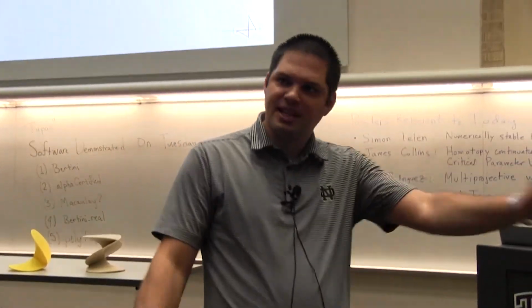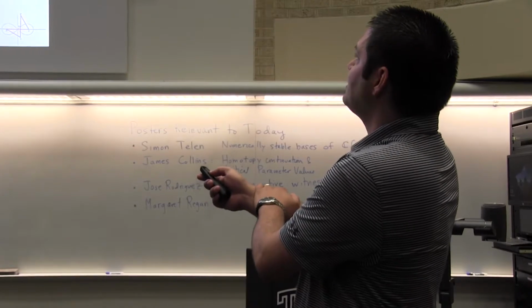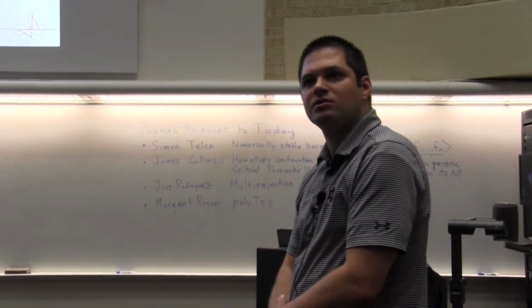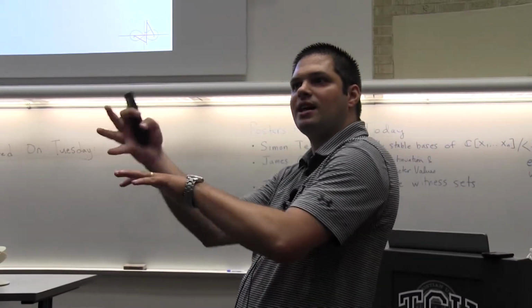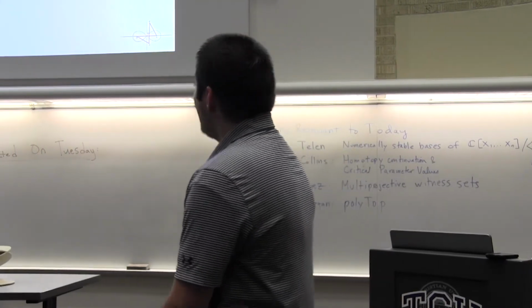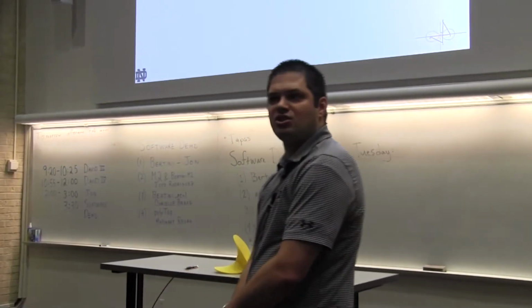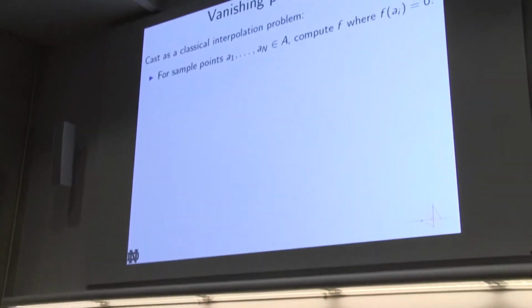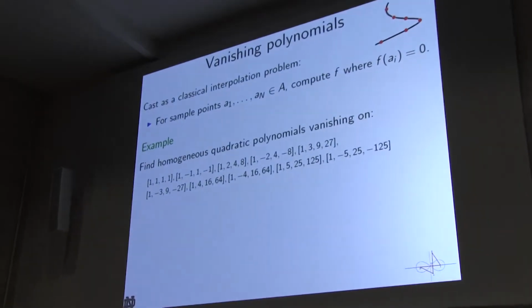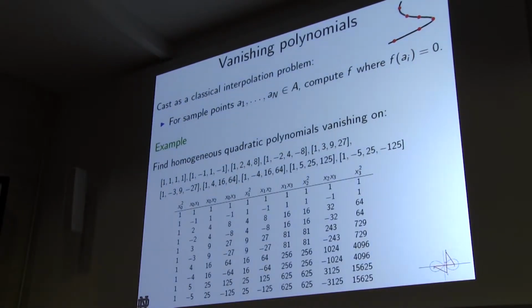Let's try to treat this as an interpolation problem. So if I could sample points, which I know how to do, I can just use my witness set and move my linear space around so I can compute sample points. And now I want to compute polynomials that vanish on there. So that means just doing a linear algebra problem. Okay, so here are some points on the twisted cubic. Let's say I'm looking for quadratic polynomials.